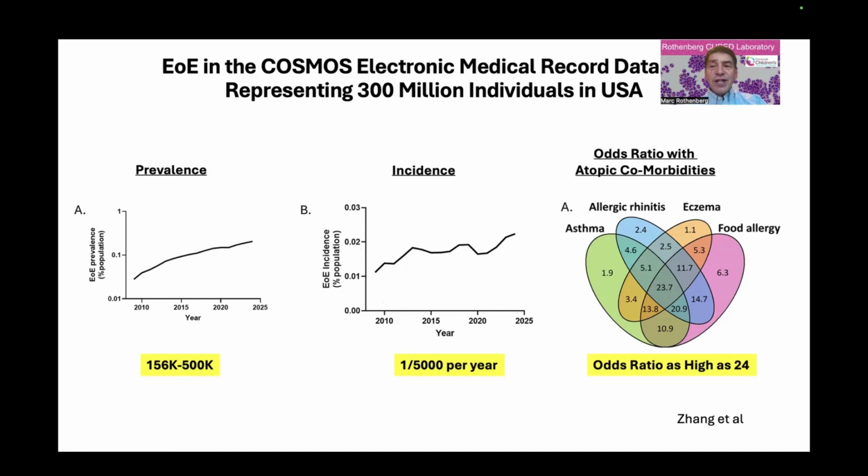We can also see that this disease runs with other atopic diseases, other allergies, and depending upon whether or not you have these allergic diseases, it will greatly influence your odds ratios of developing EoE. If you have all forms of allergic disease, if you happen to be that unfortunate, such as suffering from asthma, allergic rhinitis, eczema, and food anaphylaxis, your risk for EoE is as high as 24-fold, which is a huge number.